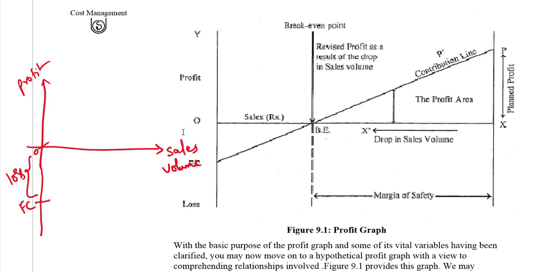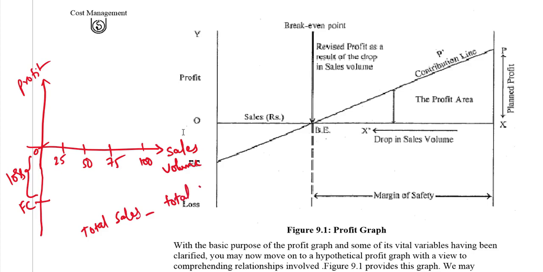Okay. Now, as the company starts producing number of units, 25, 50, 75, 100, like this, as the sales volume is increasing, the total profit is going to increase. Means total sales revenue minus total cost is going to become positive.